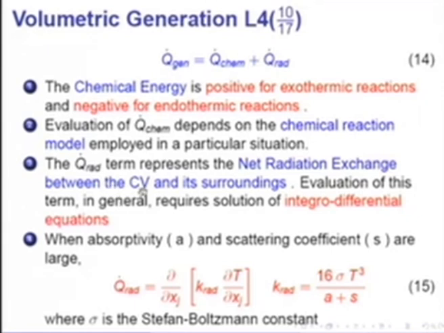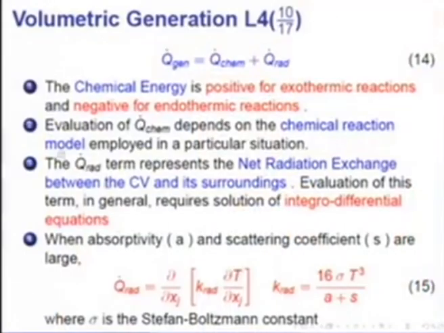But suppose the mixture that we are carrying has very high absorptivity, maybe because of soot, maybe because of particulates that are present in the gaseous mixture, then the absorptivity and scattering of the radiation will be very, very high.